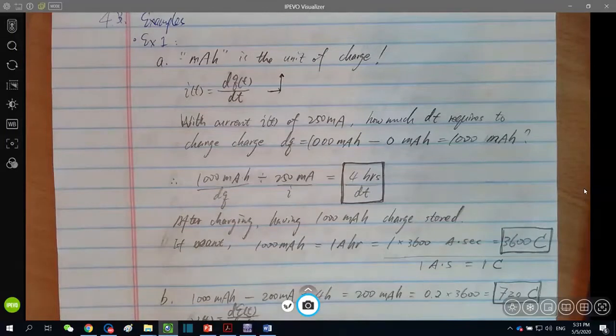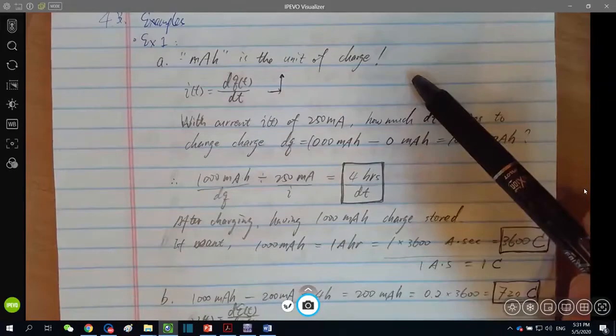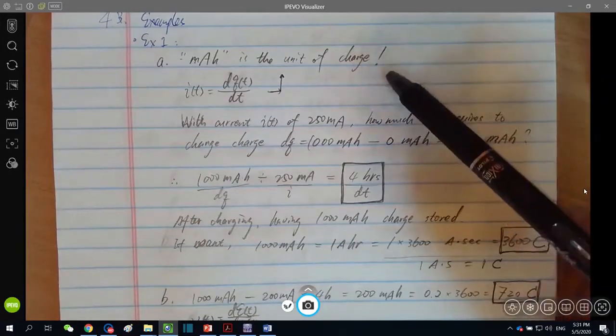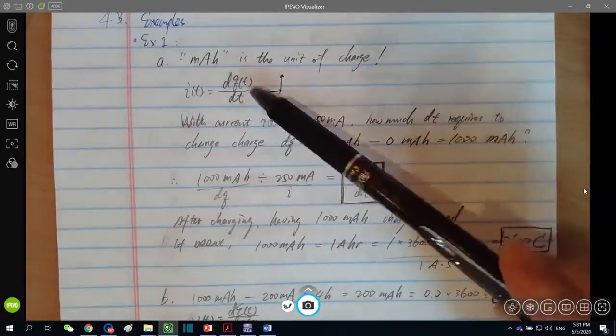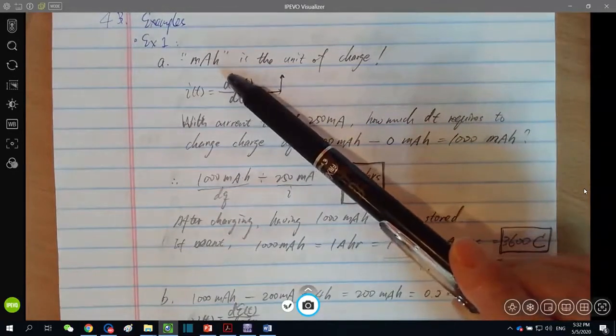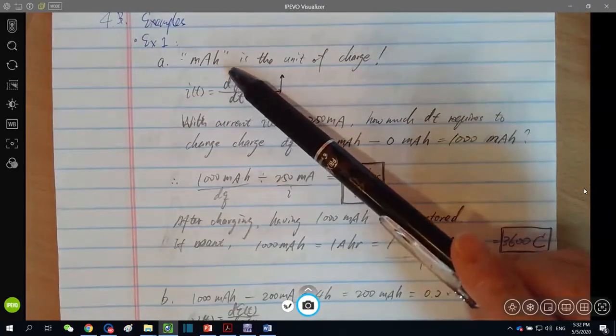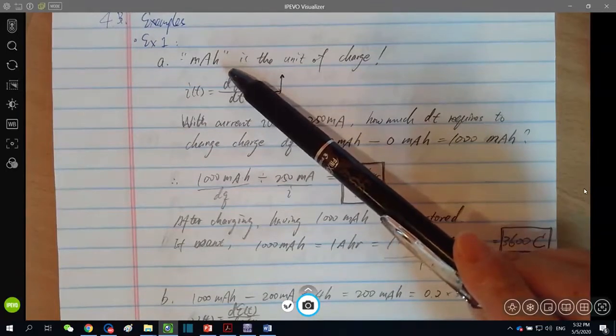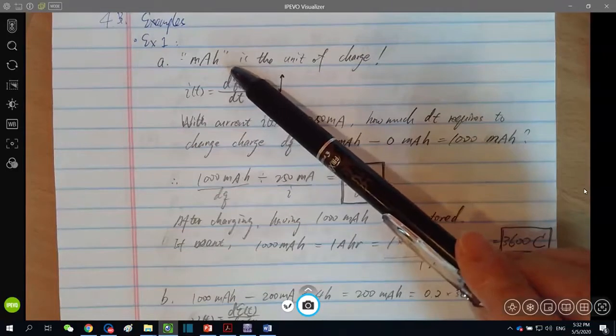Anyway, example 1. What we are seeing here is that it is mentioning 1000 milliampere hour. I believe the first thing we have to figure out is what milliampere hour is talking about. Remember, in the video I mentioned the unit of a quantity is not only telling you the magnitude or size, but also telling you what this quantity is.